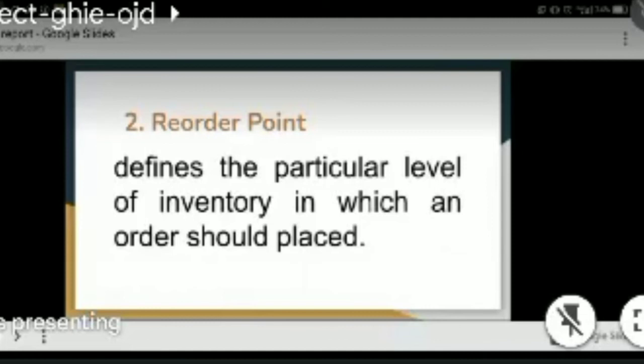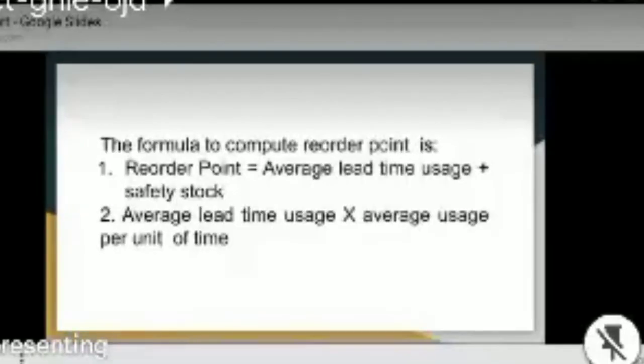The formula is TC equals PC plus OC plus HC, where TC is the total cost, PC is purchase cost, OC is ordering cost, and HC is holding cost. And these are the formulas that help us compute the reorder point. There are two formulas.